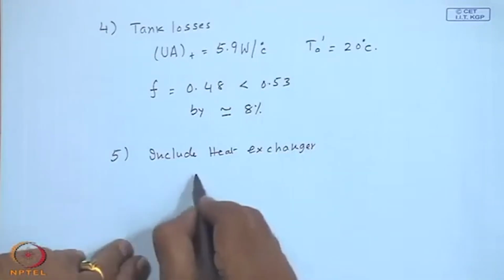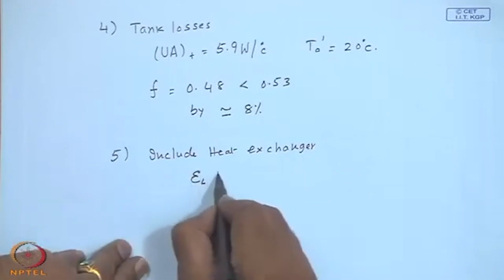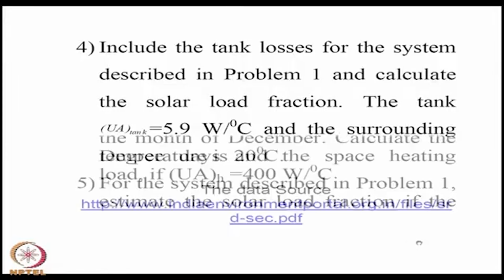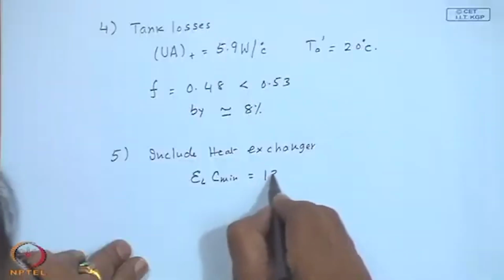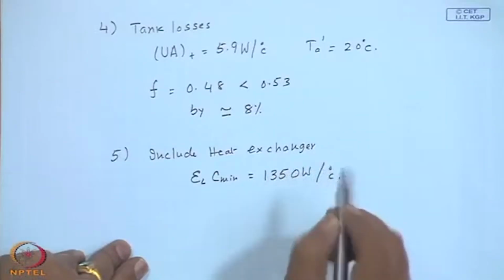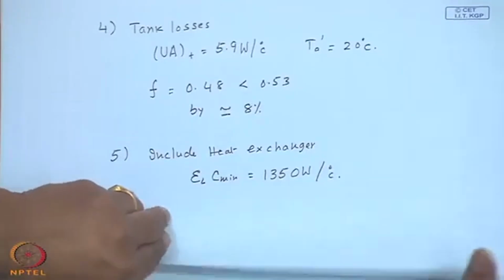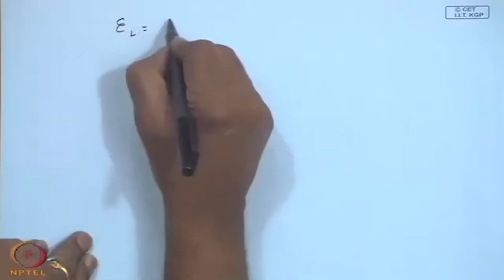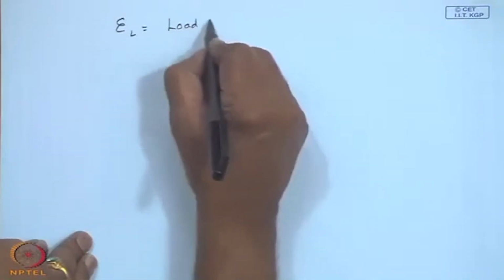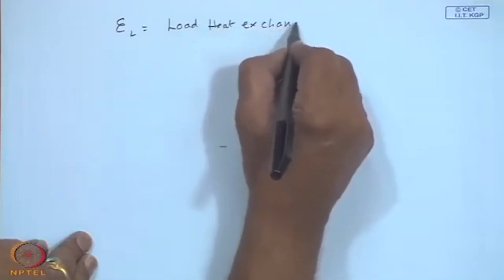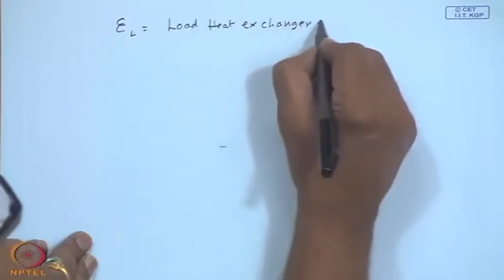which has got epsilon L C minimum equal to 1350 watts per degree C. Epsilon L is the load heat exchanger effectiveness.